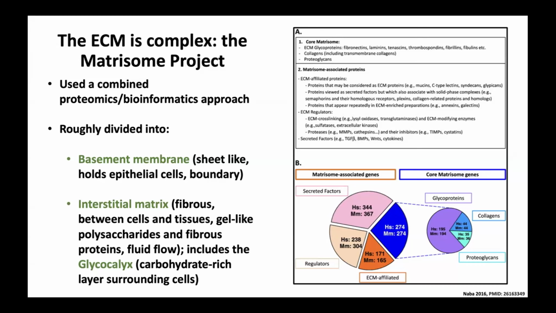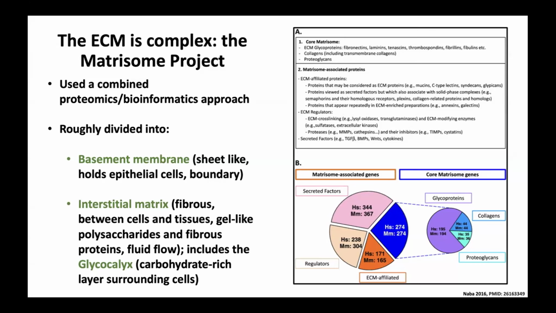The first is there are the core matrisome components, and these are the proteins that we're going to talk about today. Things like the big glycoproteins, the structural glycoproteins like collagen and elastin, and the proteoglycans that are the space fillers. But there's also a second category of these matrisome-associated proteins.